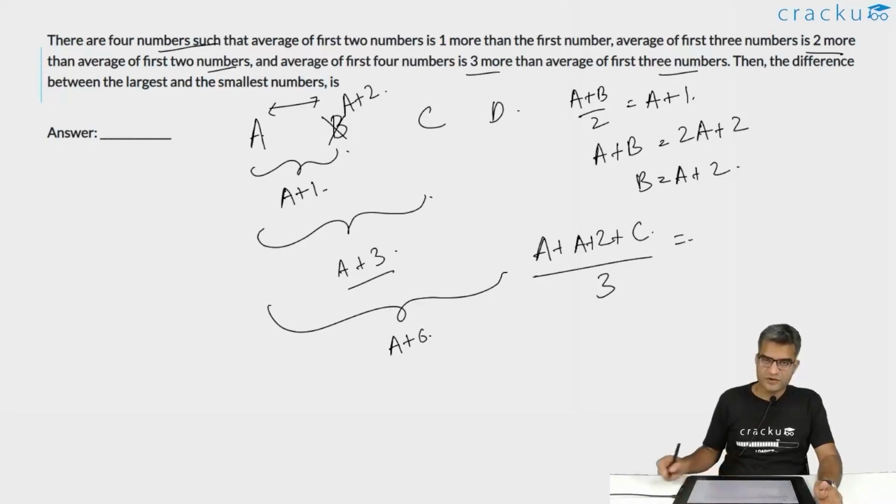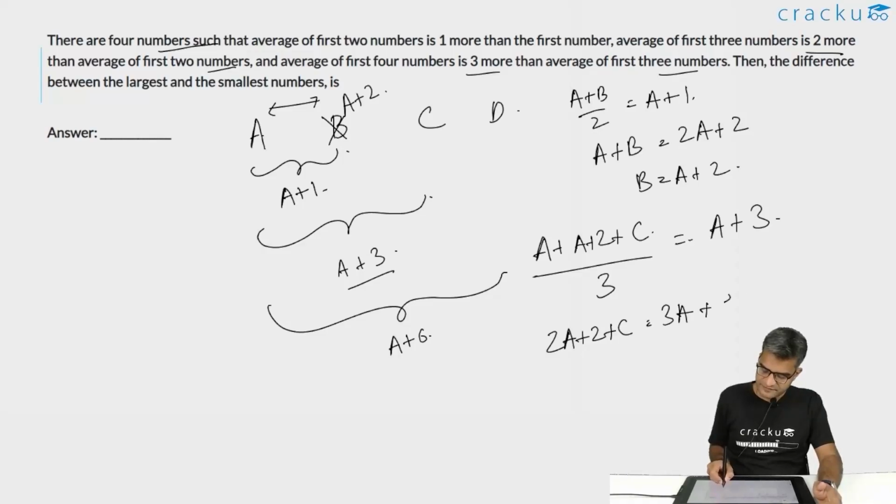This we are told is equal to A plus 3. Or 2A plus 2 plus C is equal to 3A plus 9, or the value of C is equal to A plus 7. So this is equal to A plus 7.